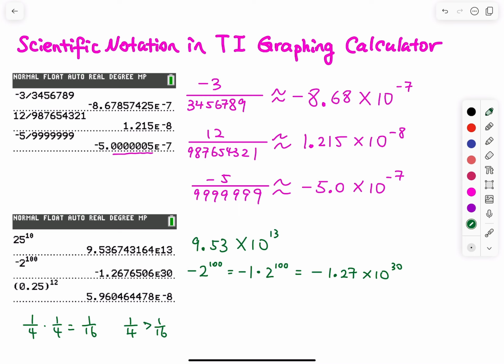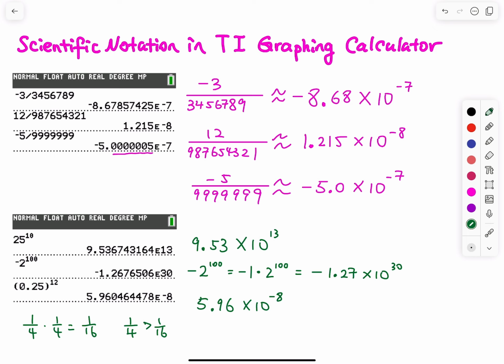So 1 divided by a very large denominator, the answer is very close to 0, right? Imagine 1 divided by 6 million. The quotient must be very close to 0. So this is 5.96 times 10 to the negative 8. You move the decimal point 8 steps to the left. As a result, you have 0 point followed by a bunch of 0s, then 596. Well, that is very close to 0.